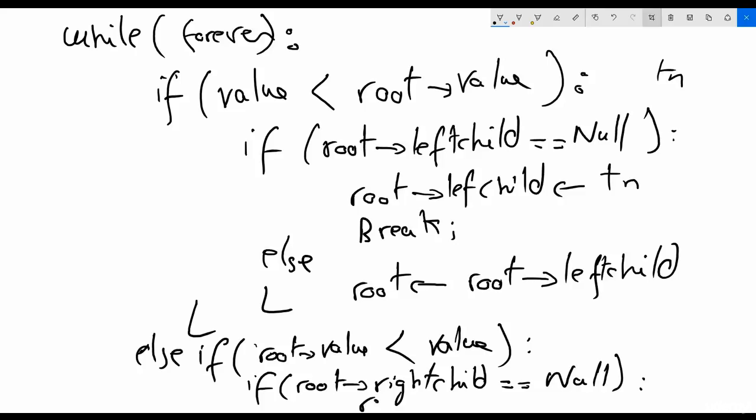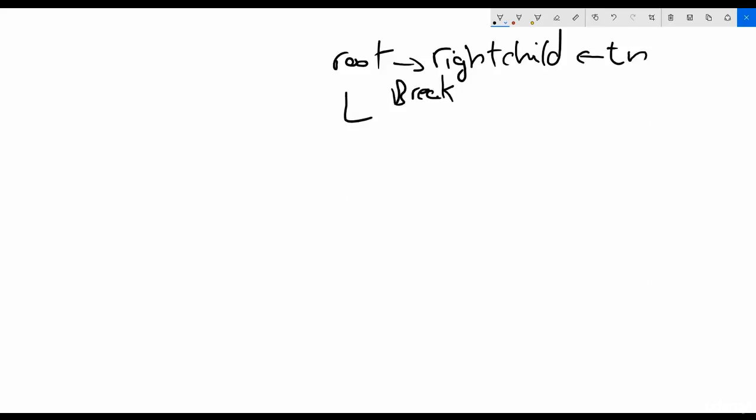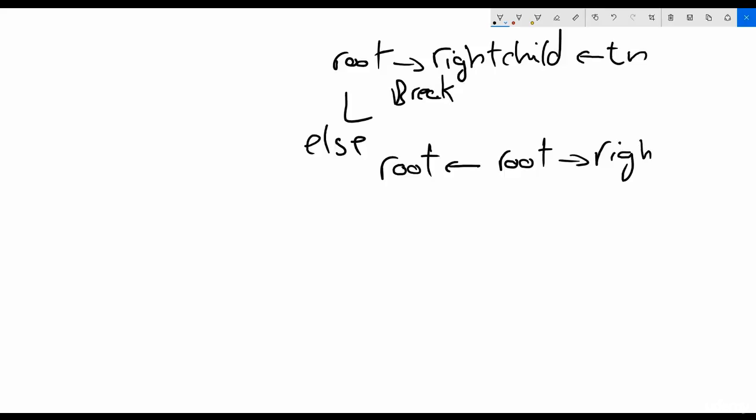So let's create a new node there. So root right child will get that tree node, and we're going to break. And else, of course, we're going to update the root. So root gets root right child.